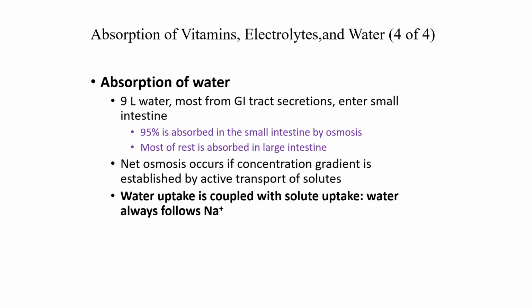Notice that 95% is absorbed by osmosis, and then the rest gets absorbed in the large intestine. Water is also going to be absorbed whenever sodium is absorbed by the small intestine or by the kidneys. Water will be absorbed because water always follows sodium.